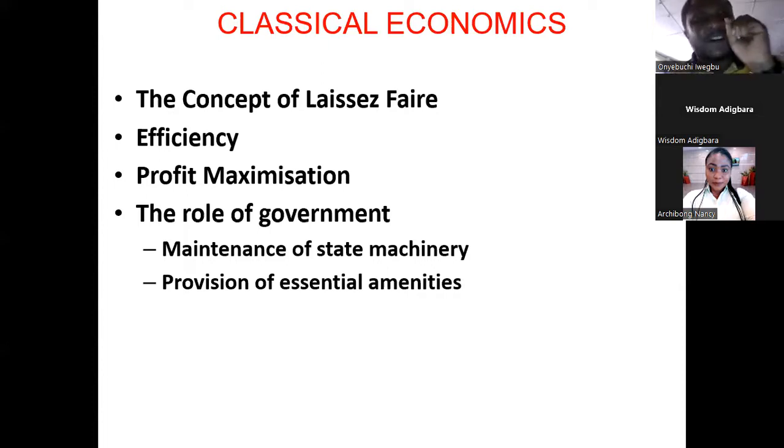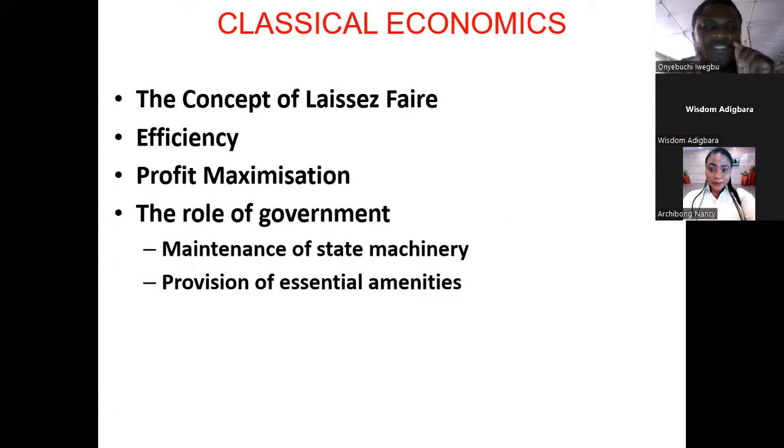So the classical school emphasizes that the role of the government should be limited only to the arbitration and enforcement of contracts between parties. Remember that in macroeconomics, we talked about different economic agents: the government, the firm, and the consumers.